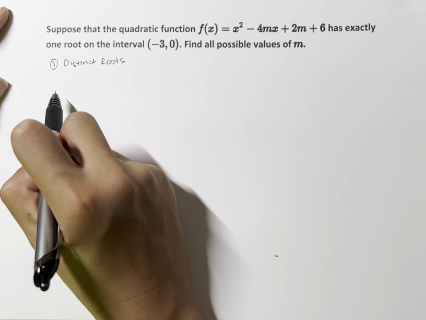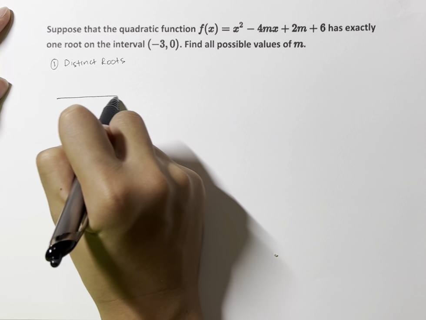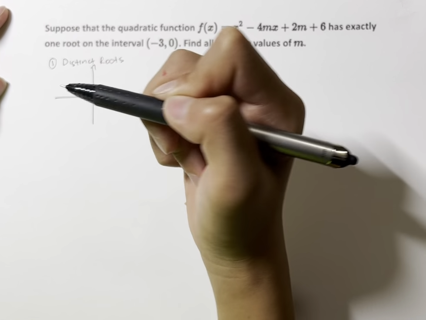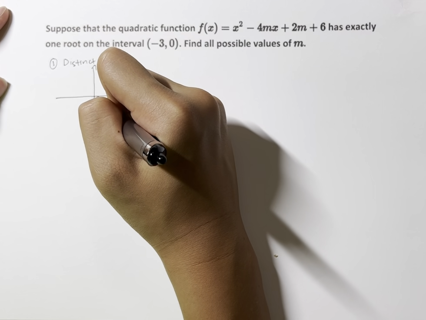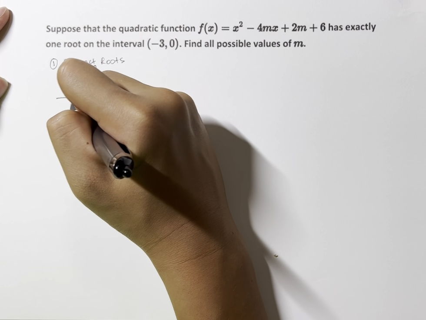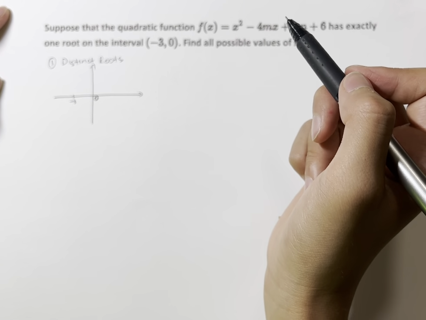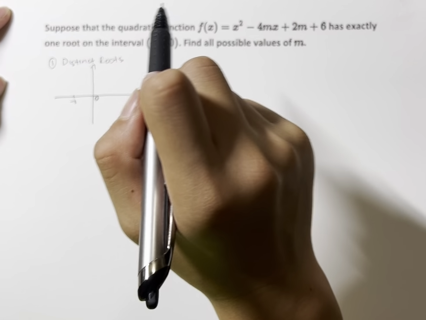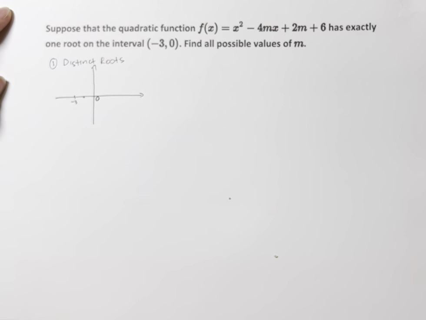So let's draw a graph. We have the coordinate plane, with O as the origin, and let this point be -3. So we have -3 less than the root less than 0, which means the root is between -3 and the origin. We choose a random point here, then draw a parabola passing through it.